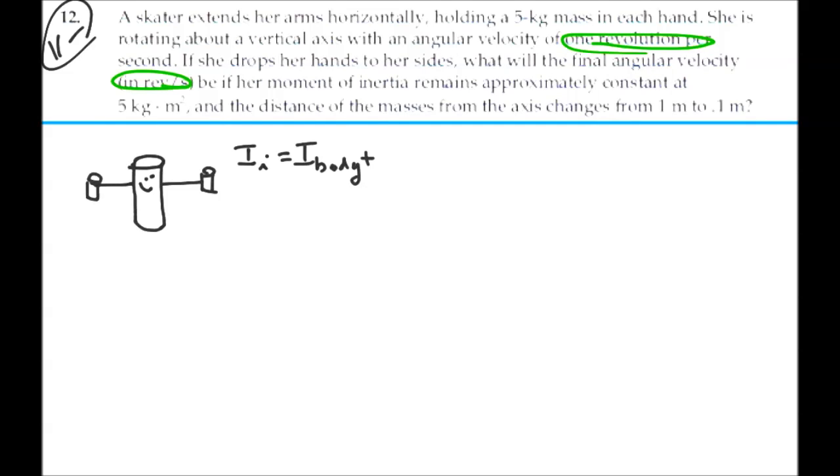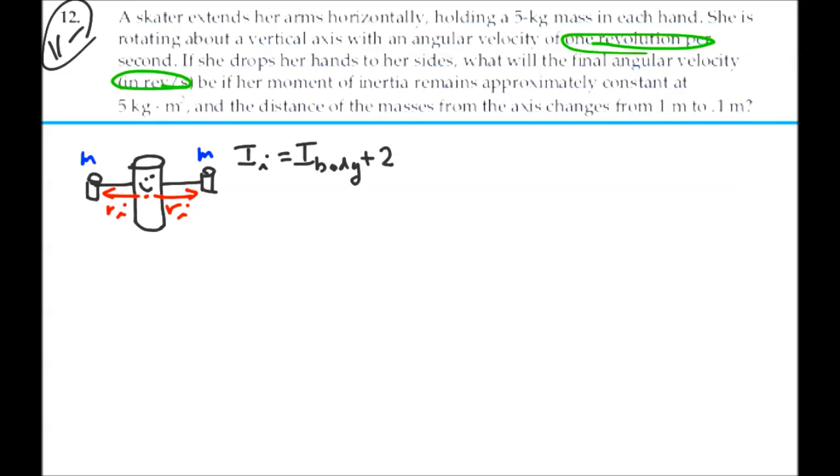Now they're located a distance r initial away in both directions, and they are point masses. So acting as point masses, they each have a moment of inertia of mr squared.